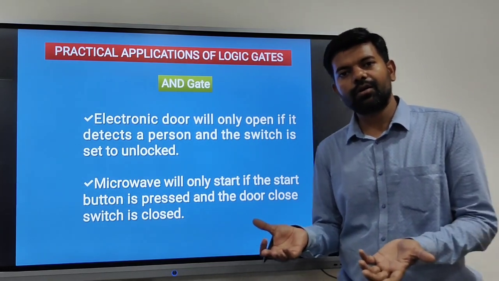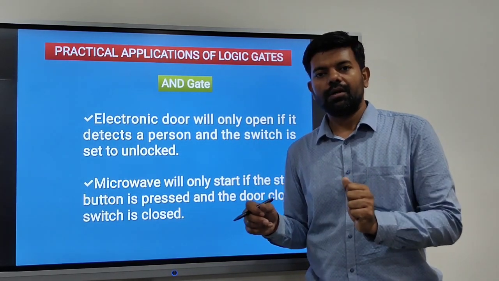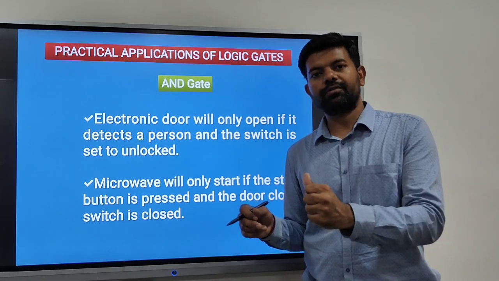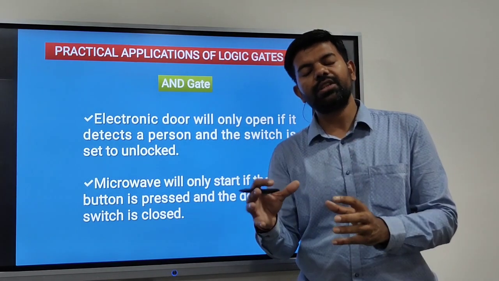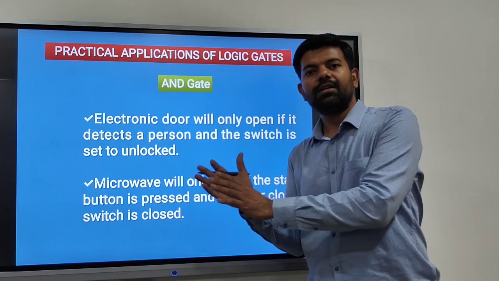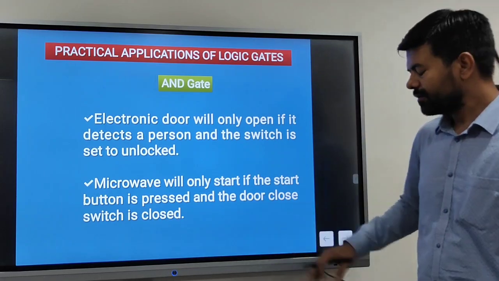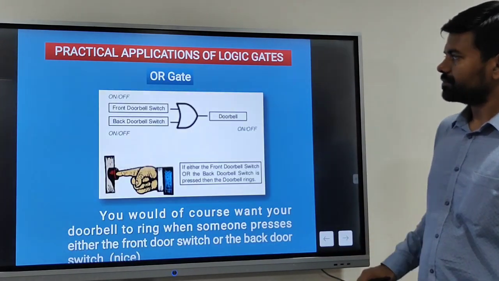As we all have a microwave in our house, when we press start, it will not operate because the door also has to close. When both inputs are high, then only we will get the output high. This is the best example for the AND gate.